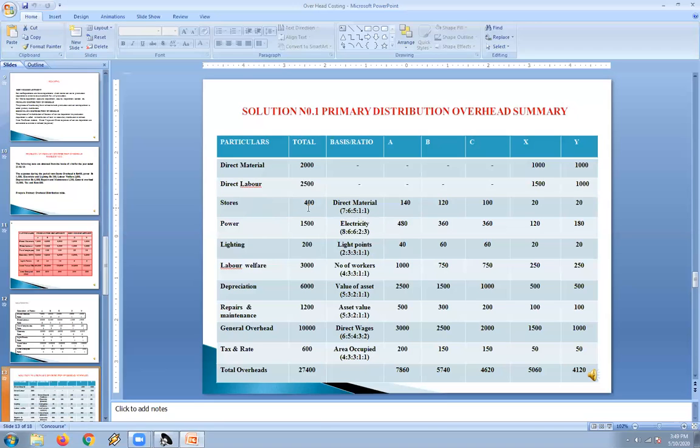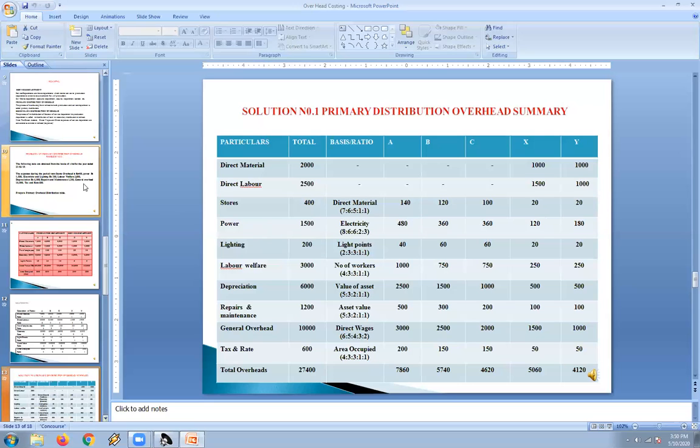The entire 400 has to be shared between all the production as well as the service departments. First we total the ratios: 7 plus 6 is 13, plus 5 is 18, 19, 20. So 400 into 7 by 20, 400 into 6 by 20, 400 into 5 by 20, 400 into 1 by 20, and 400 into 1 by 20.